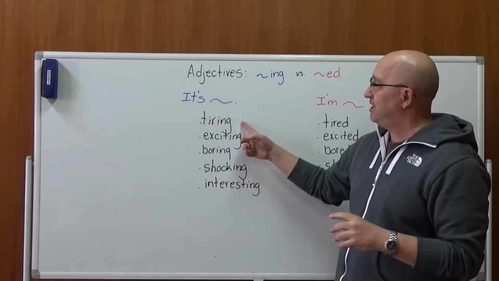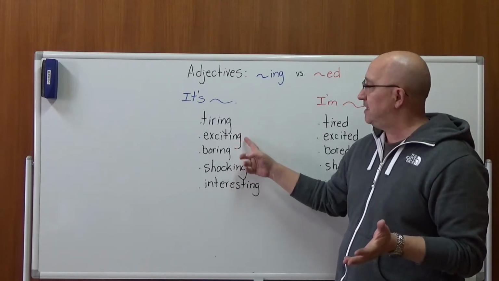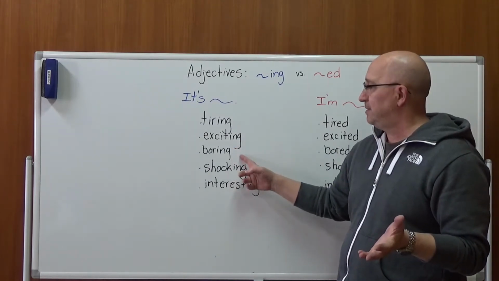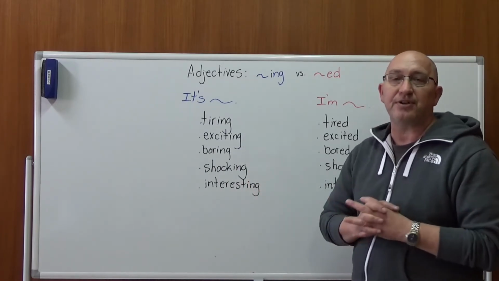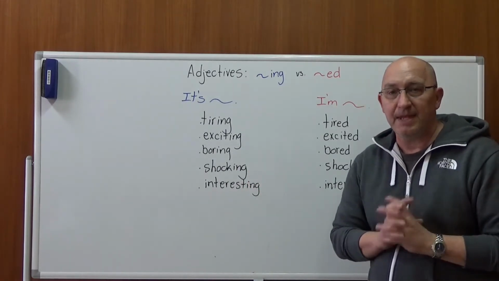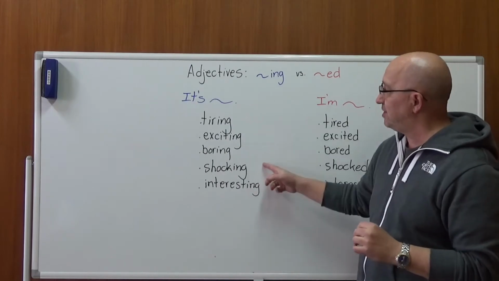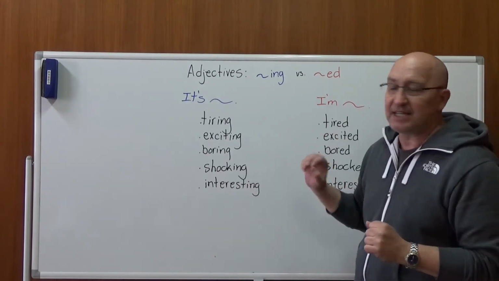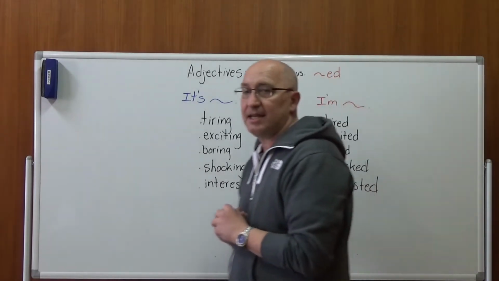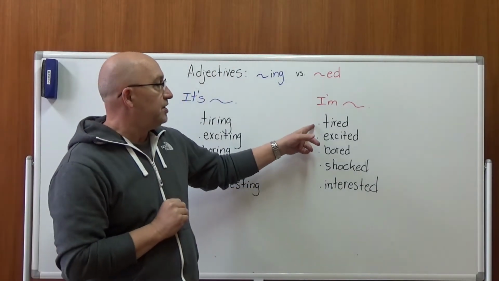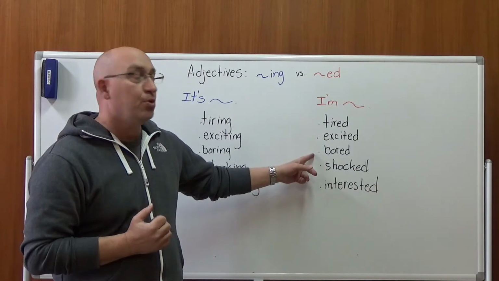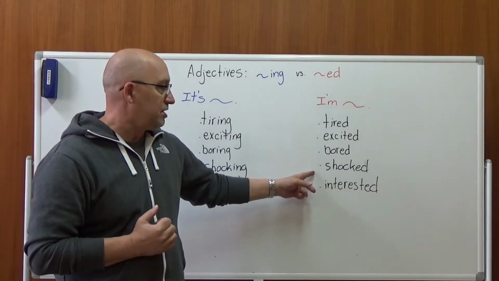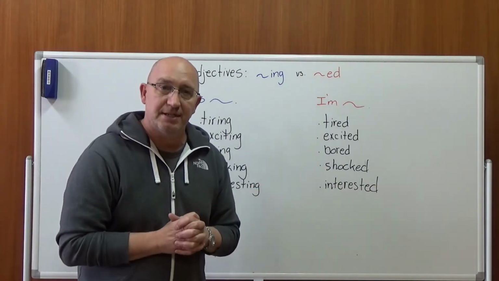We have the word tiring, exciting, boring, shocking, and interesting. Now, all of these words also can be used with an ed ending. Using these words: tired, excited, bored, shocked, and interested.